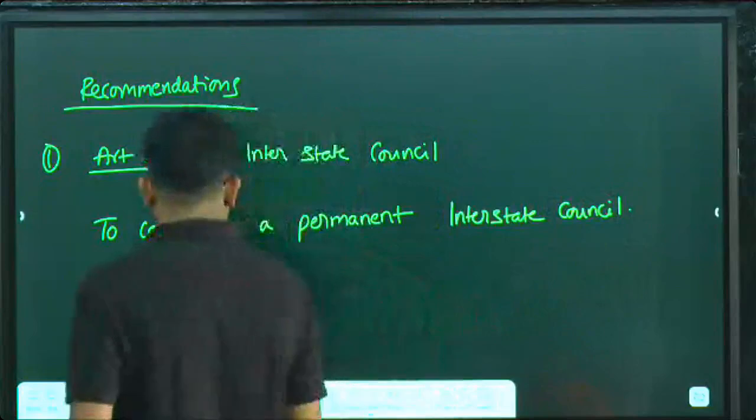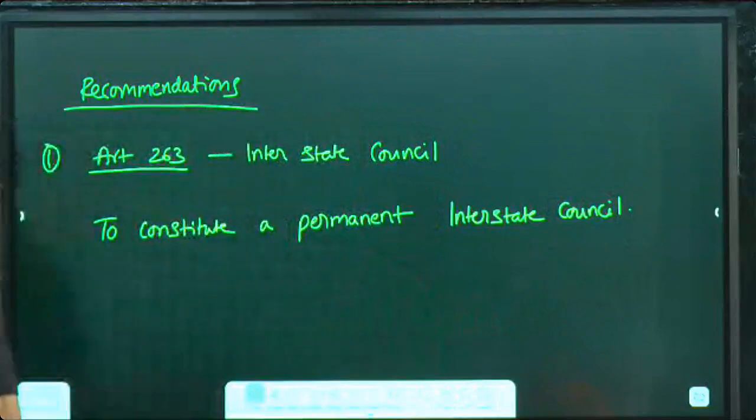This is the first recommendation. See, both the Sarkaria Commission and the Punchi Commission gave their first recommendation as the interstate council only. See how important the interstate council is.